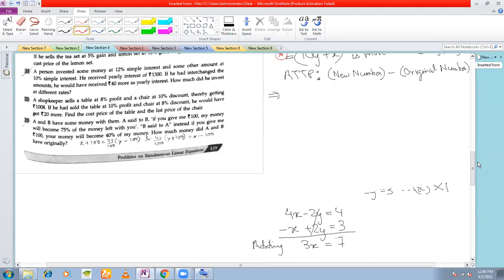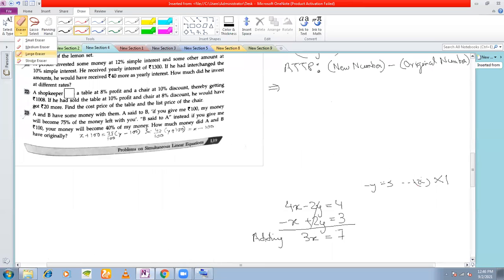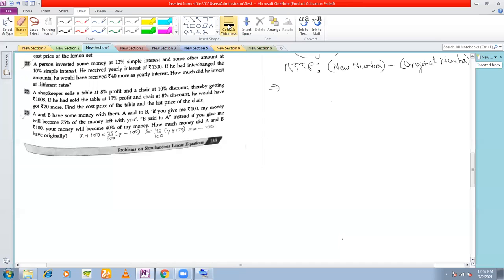For example, let us take this example. Say I give you the number 36, right? And when I reverse the digits, what does it become? 63.